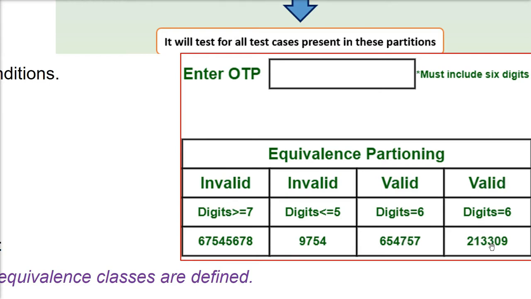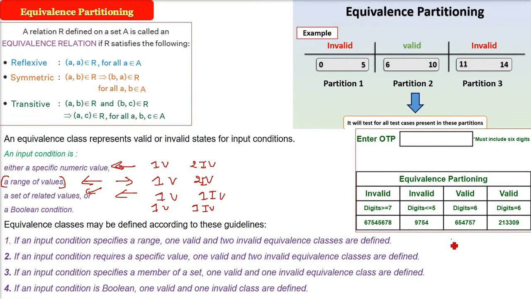So we can have valid values, that is, 6 digits has to be there, these are the valid. Since it is a specific numeric value or a set of related values, you can argue like that. But the main thing is, the invalid would be 4 digits or 7 digits. If it is not 6-digit, then it is invalid. If 6-digit, it is valid.